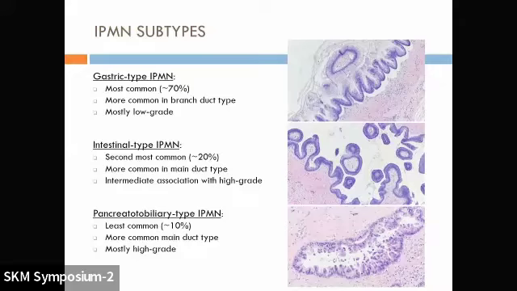The intestinal type of IPMN is the second most common. It occurs in IPMNs that are of main duct type, and it has an intermediate association with high-grade dysplasia. The pancreatobiliary type is the one that is almost exclusively, or all of the time, associated with high-grade dysplasia. And it is typically seen in IPMNs that are of the main duct type.